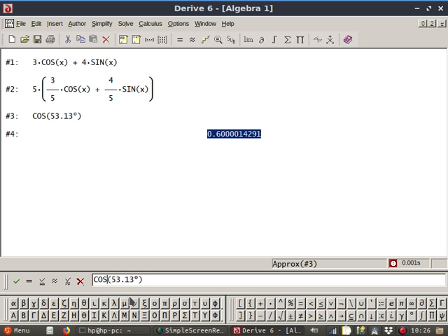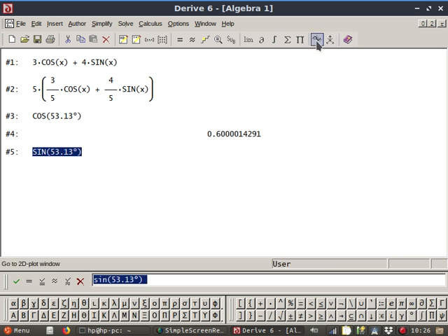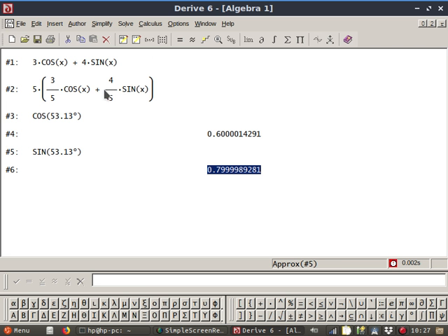Okay? And then sine 53.13 degrees. Sorry, I clicked the wrong button again. That is roughly 0.8.